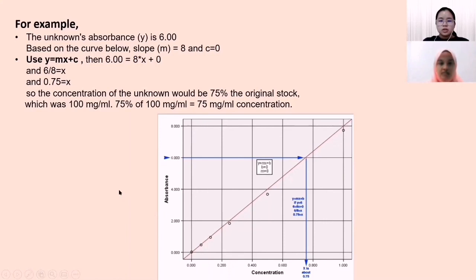The concentration of the unknown would be 75% of the original stock, which was 100 milligram per mil. 75% of 100 milligram per mil equals a 75 milligram per mil concentration.